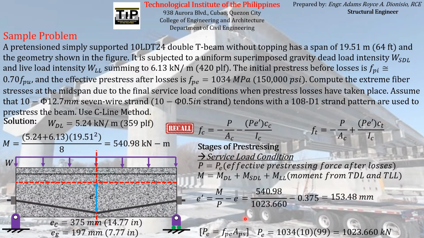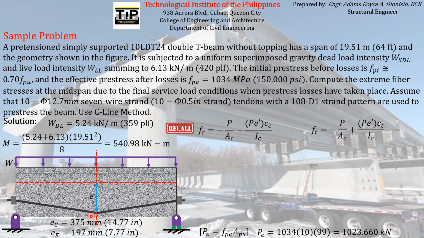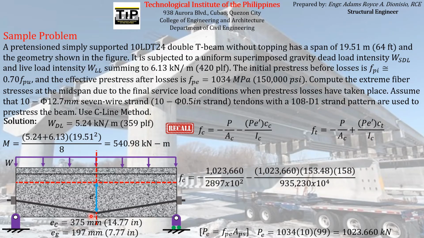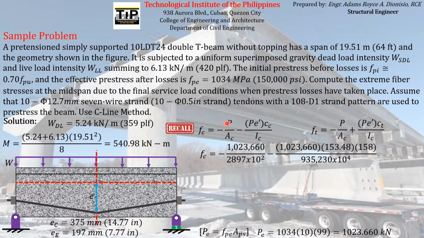So there, since we already know the value of P and E prime, we can now already solve for the total stresses acting on the extreme top and bottom fiber of the concrete element at midspan. So again, we just have to substitute all of those values that we have computed. So P is equal to this.